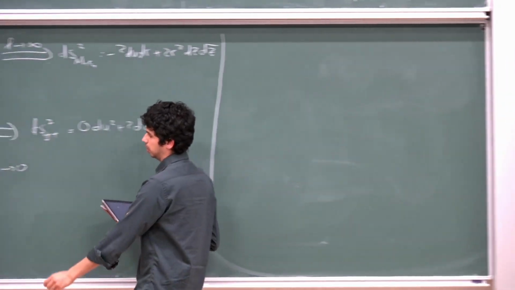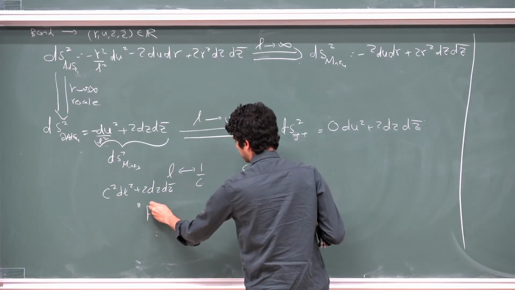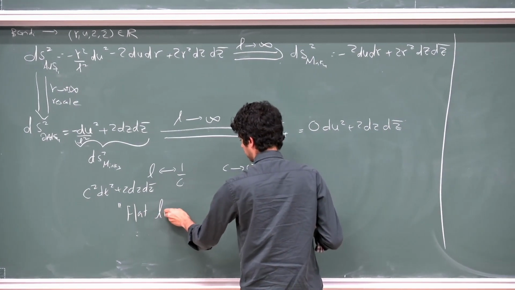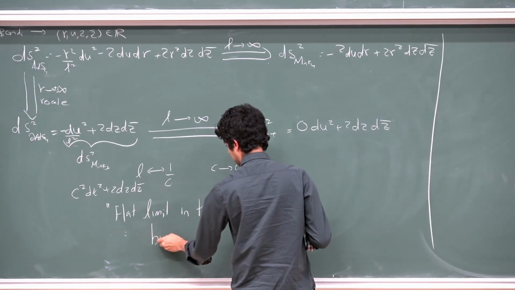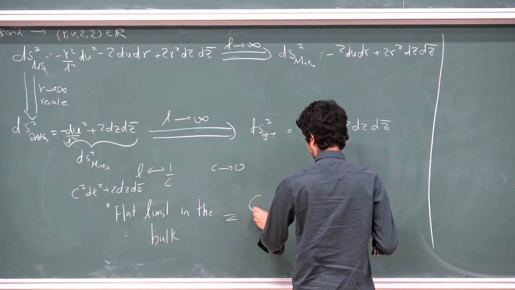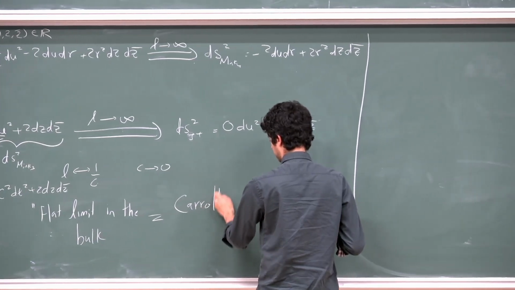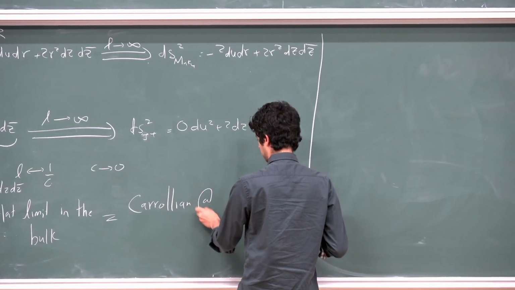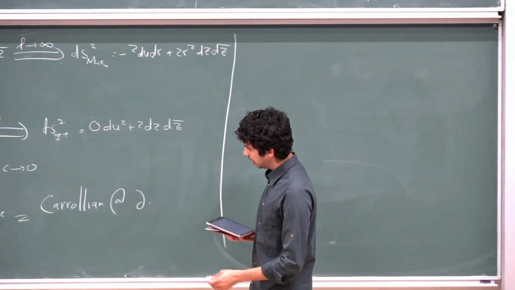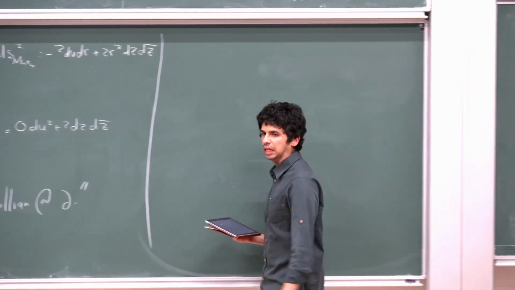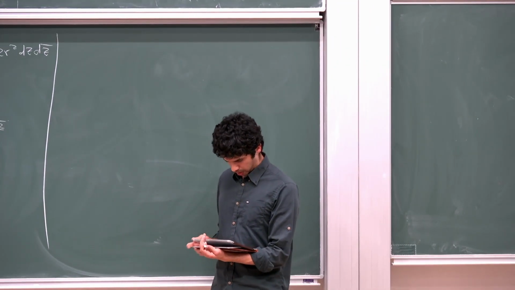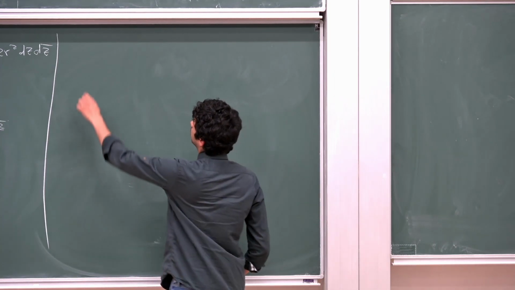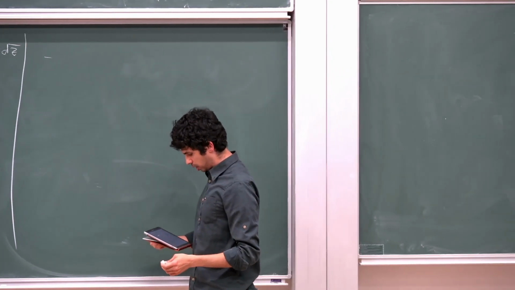So the slogan that we use is that flat limit in the bulk is the same as Carrollian at the boundary. And we'll see that this works at the level of correlators as well. So what do we want to compute?